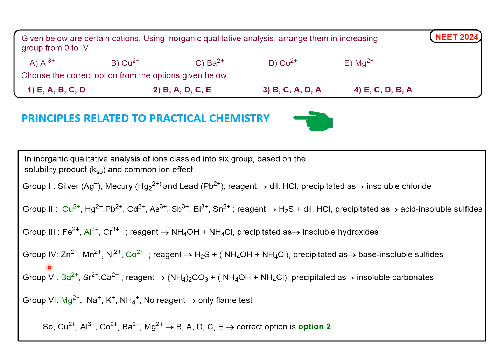And group 4: zinc 2 plus, Mn 2 plus, nickel or cobalt 2 plus fall into this group. The reagent is H2S gas passed in presence of ammonium hydroxide and ammonium chloride.